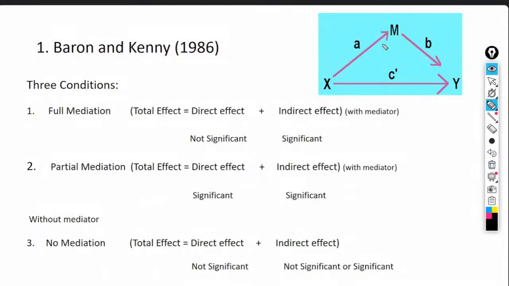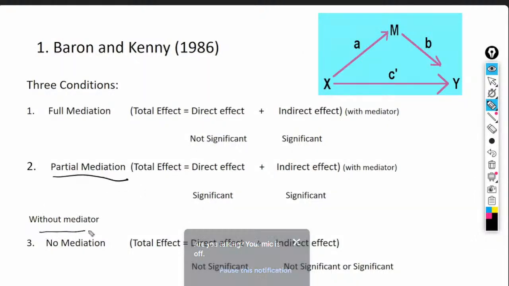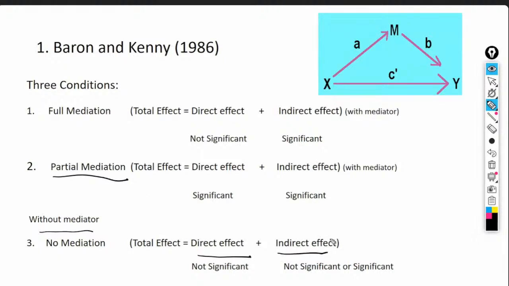So this mediating variable is partially controlling the dependent and independent variable. That is why this is our partial mediation. Without the mediator, if the direct effect is not significant, there is no mediation. Or if the indirect effect with the mediating variable is not significant, still there is no mediation.